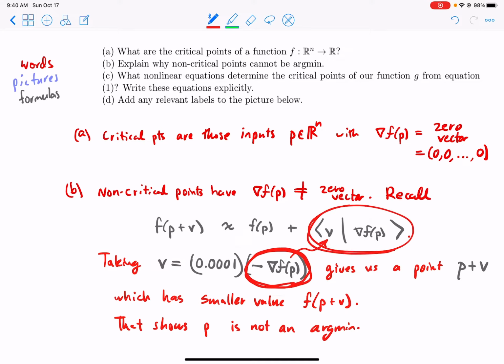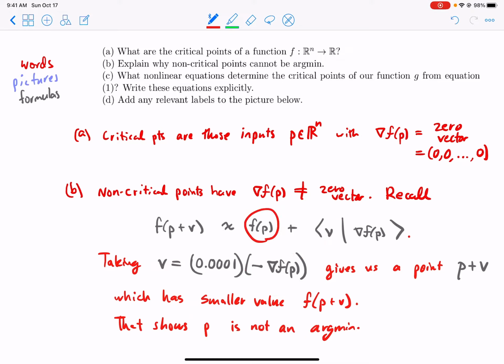So this whole thing is a negative number, which means f of p plus a negative number will give a smaller number, proving that this was not the smallest number. This one we can make smaller just by moving to this point. Okay. End.